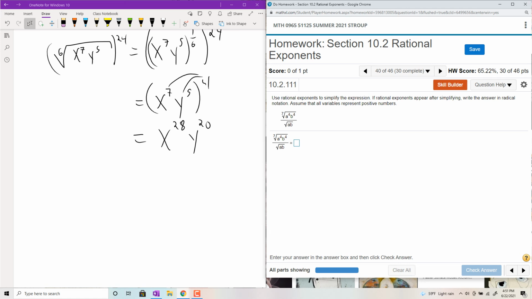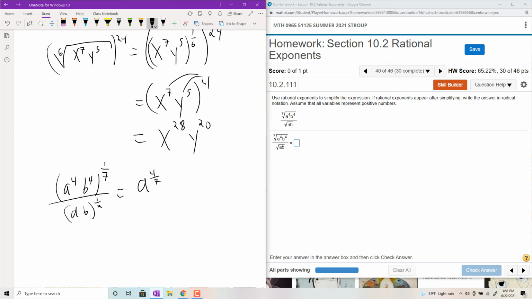Let's see what we got here. Fourth, and this will be raised to the 1/7 all over ab to the 1/2. That'll be a to the 4/7, b to the 4/7 all over a to the 1/2, b to the 1/2, and then we're just kind of combining stuff together. So a to the 4/7 minus 1/2, b to the 4/7 minus 1/2.